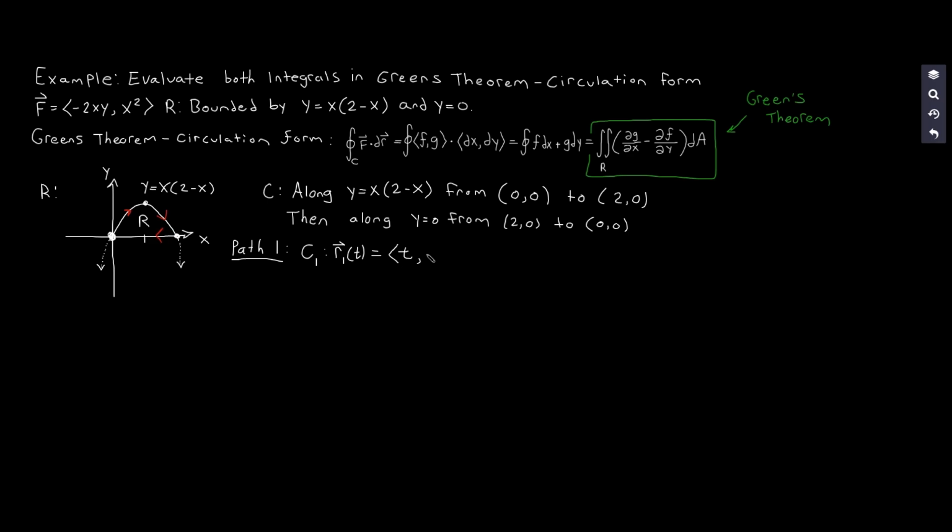So y equals x times 2 minus x becomes t times 2 minus t. Here, this is 1 and this is 2, so we know that t has to be between 0 and 2. That is, 0 is less than or equal to t, and t is less than or equal to 2.